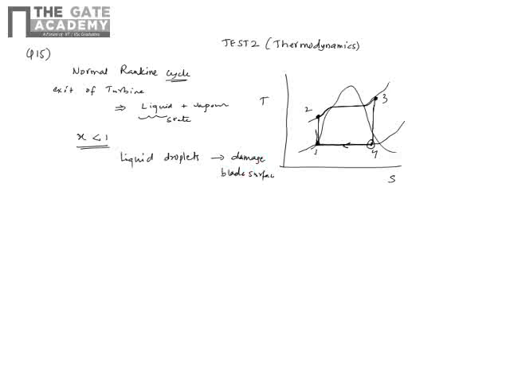That's why it is requested that the dryness fraction be 1, or that the exit be in the saturated vapor or superheated zone. This state is more desirable for the performance of the turbine. So what is done is that instead of expanding the entire thing in one turbine, you have two stages.